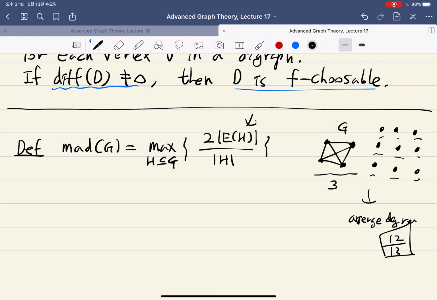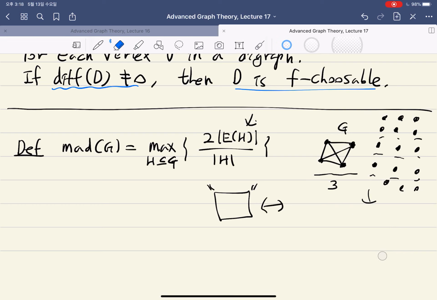So if we want to state some theorem, say we want to say that if a graph is dense or sparse, then its chromatic number is something. Then when we want to measure this denseness or sparseness of the graph, average degree is not a good parameter, because adding this dummy structure can lower the average degree while it doesn't lower the chromatic number.